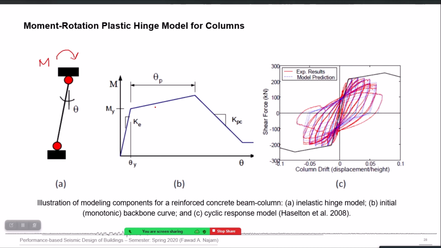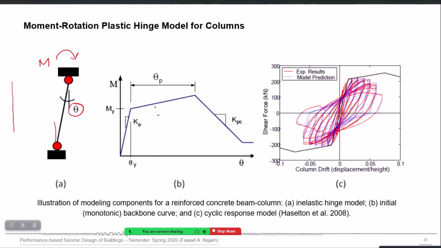Rotation is the flexural deformation at the full member level, and it can be defined as, for example, if you have a column which is, let's say, undeformed, and after the application of bending moment it deformed in a certain manner, the rotation of the angle between the original undeformed configuration and the deformed configuration at the end is called end rotation. It is represented here as theta.